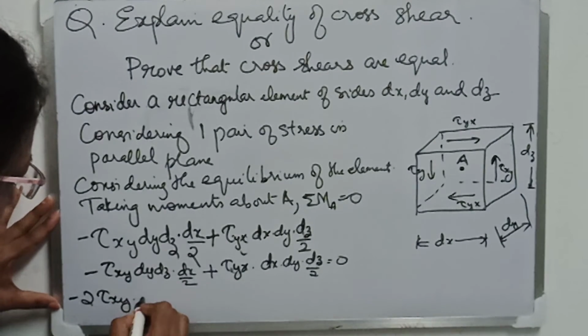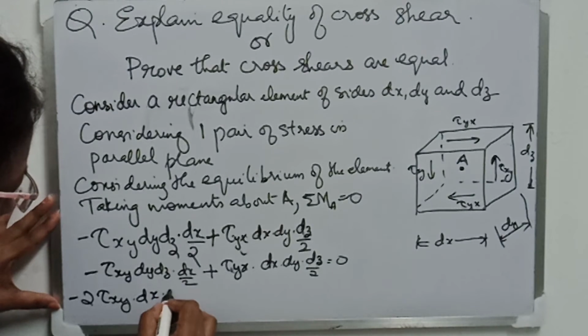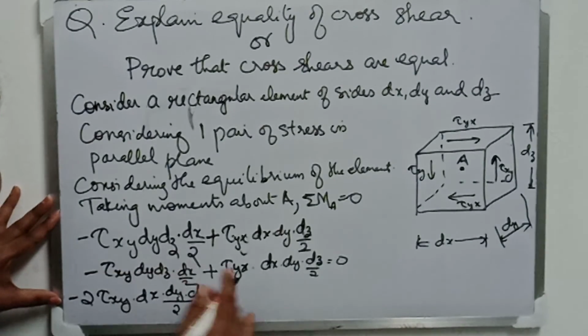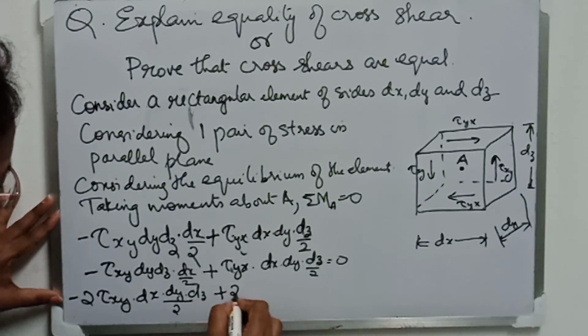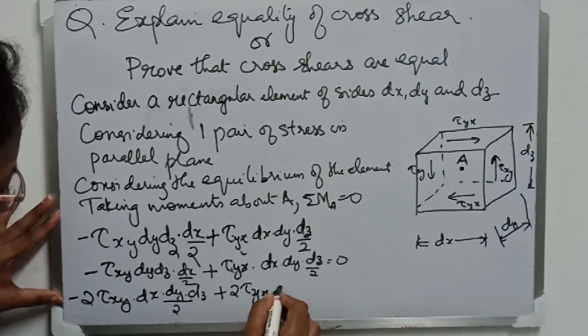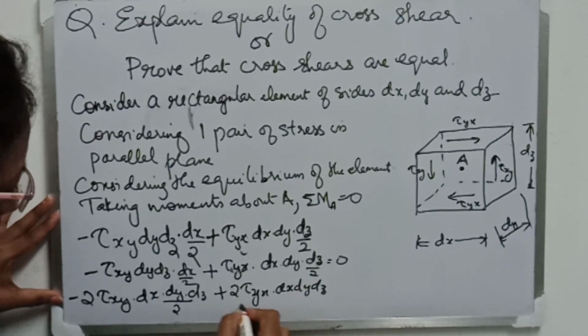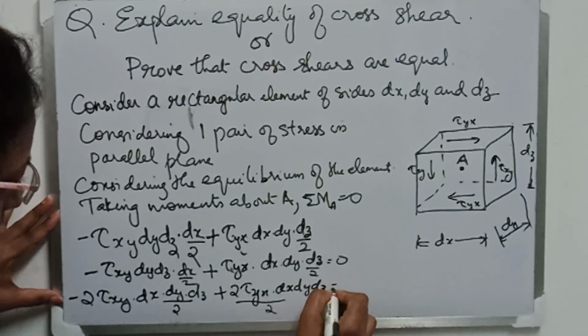So adding the first and third components, we get minus 2 tau xy into dx dy dz by 2. Then adding the second and fourth components, we get 2 into tau yx into dx dy dz by 2, is equal to 0.